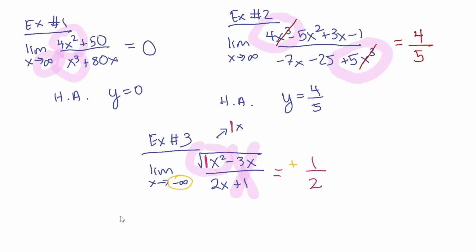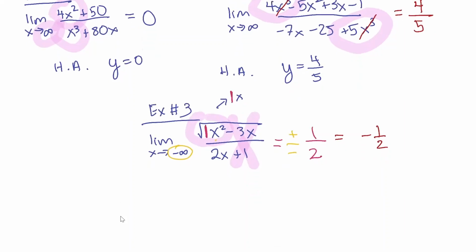That's right. If you take a negative number and plug it into the denominator, the bottom, would you end up with a positive or a negative number? Good. So we have a positive divided by a negative. So overall, that gives me a negative 1/2 as the limit.